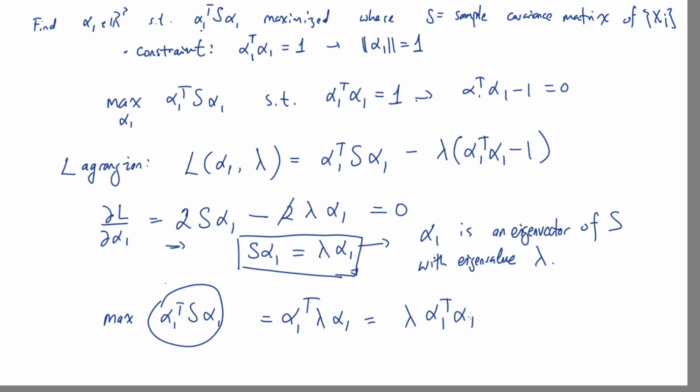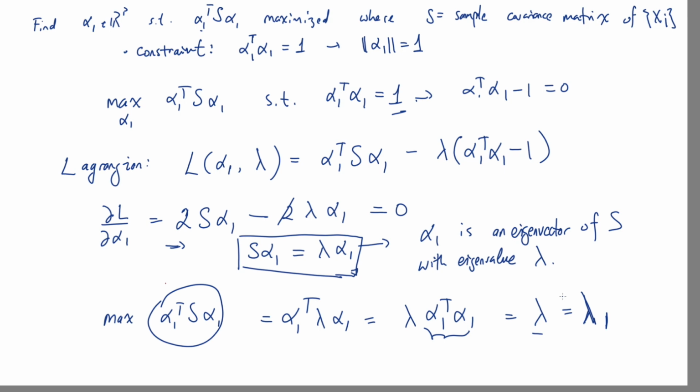And this is equal to lambda because, remember, the constraint that we put down was that this thing is equal to 1. So maximizing the variance is the same as maximizing lambda. And we know that the lambdas are ordered in decreasing order, and so this has to be lambda 1, the biggest eigenvalue.